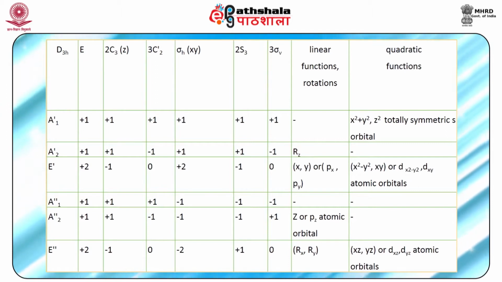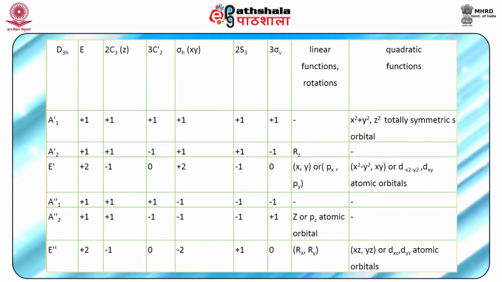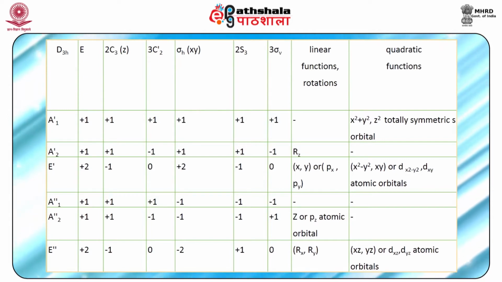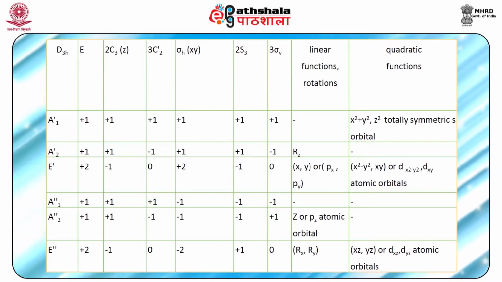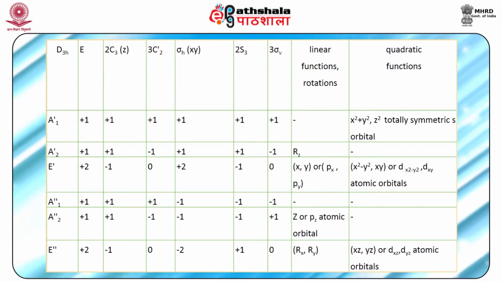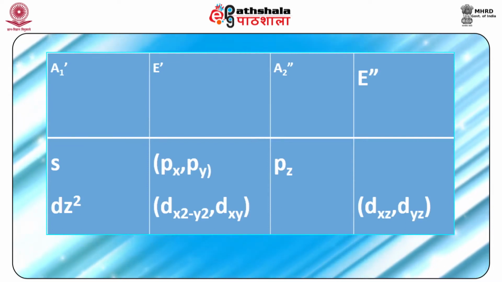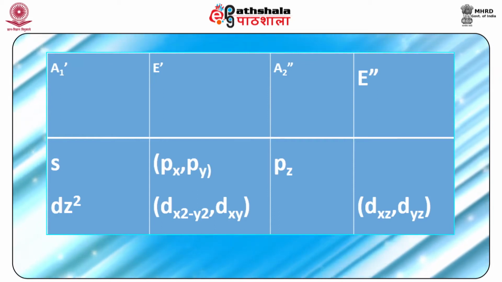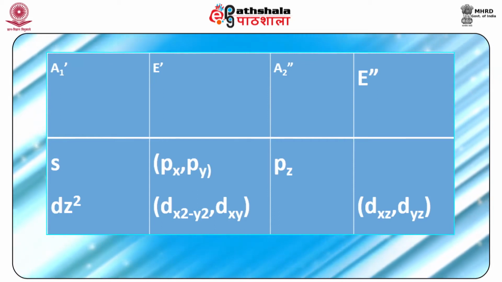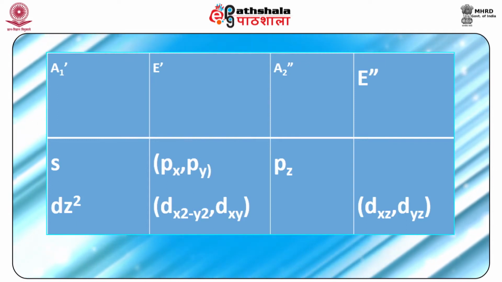The atomic orbitals of phosphorus corresponding to symmetries A1', A2'' and E' are summarized in tabular form as: for A1' we have s, dz square, and for E' we have px, py, dx square minus y square, dxy.